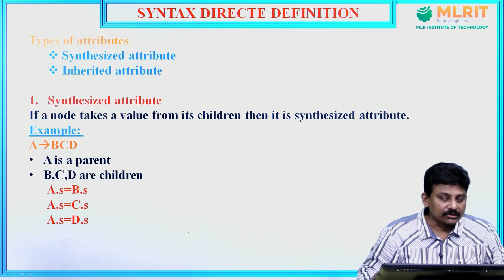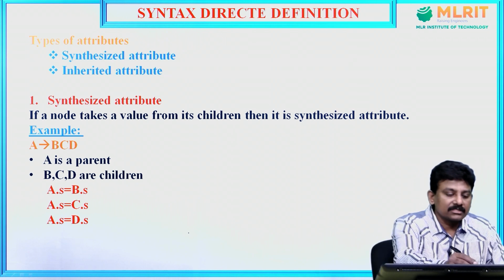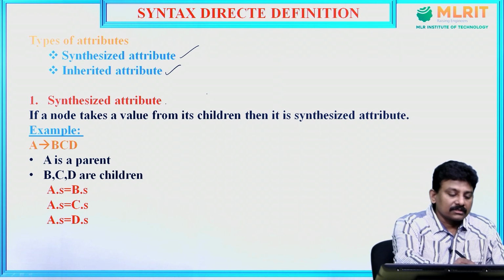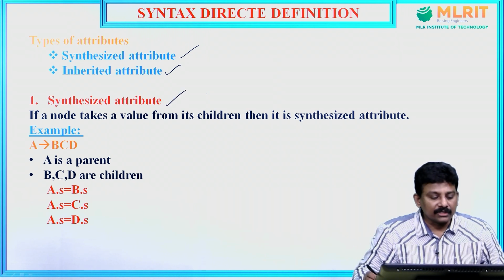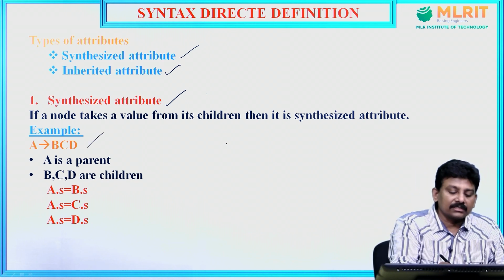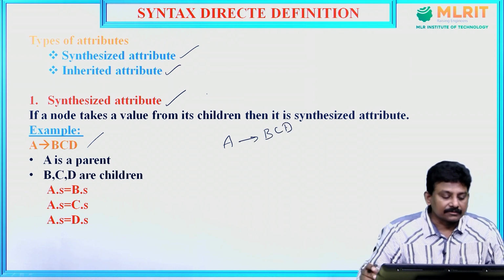Types of attributes. We have two types of attributes, synthesized attribute and inherited attribute. First one, synthesized attribute. If a node takes a value from its children, then it is a synthesized attribute. For example, A derives B, C, D. Here A is the parent, and B, C, D are the children.